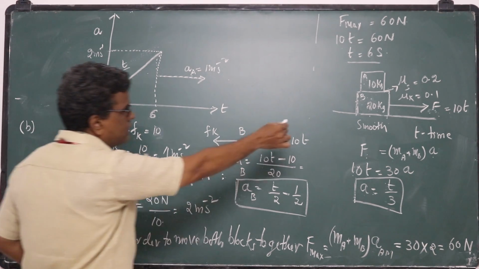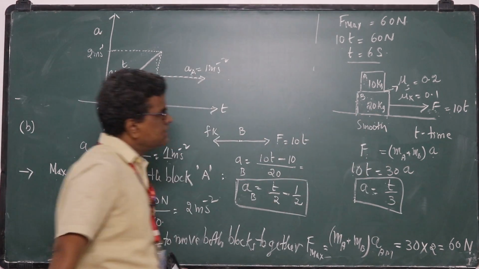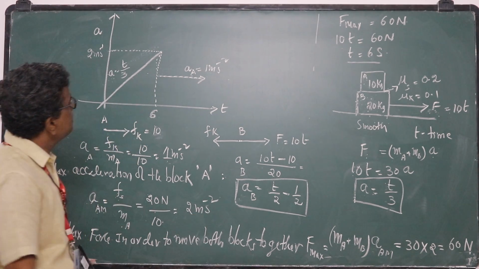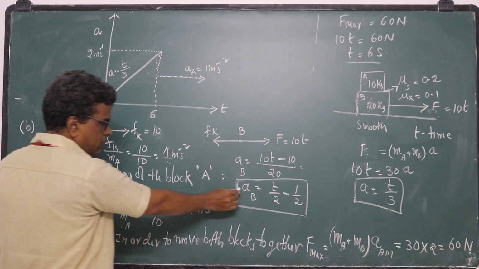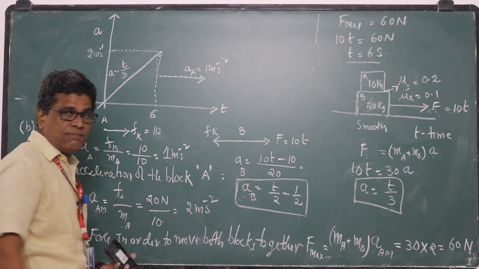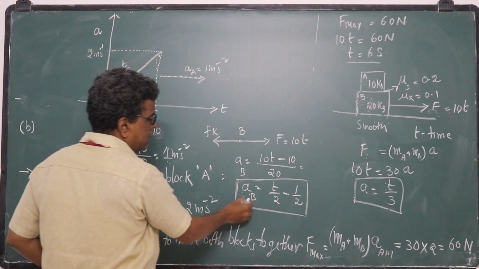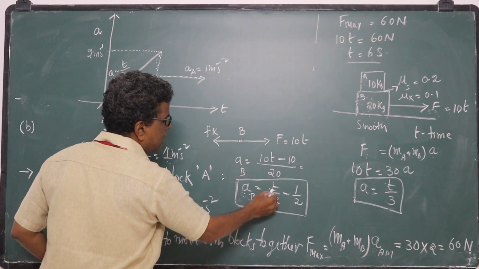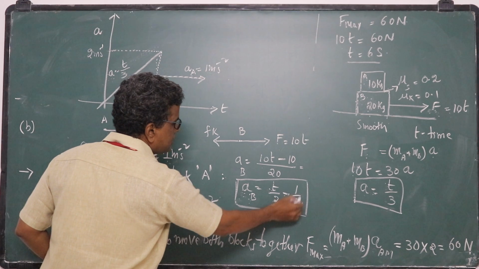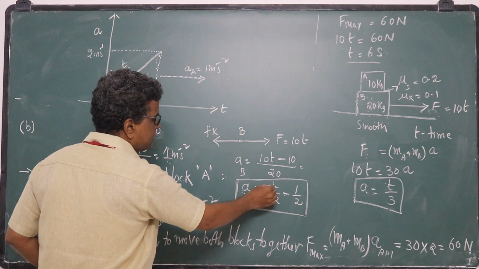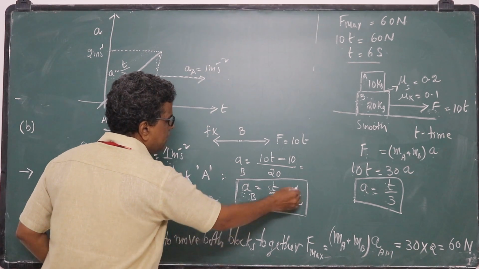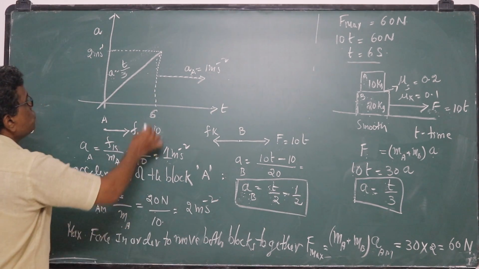Now I want the acceleration of B when F exceeds 60 newtons. The acceleration is variable because these two blocks have different accelerations. The acceleration of B is t by 2 minus half. When t is 6 seconds, 6 by 2 is 3, 3 minus half is 2.5.